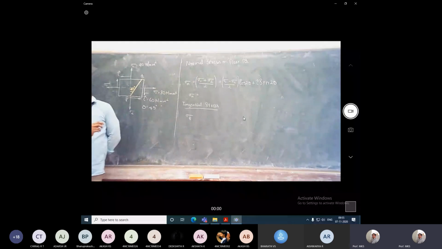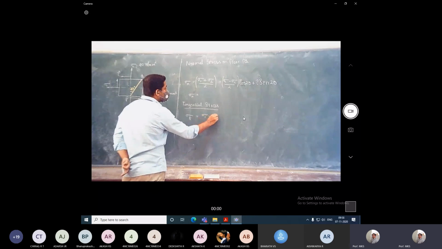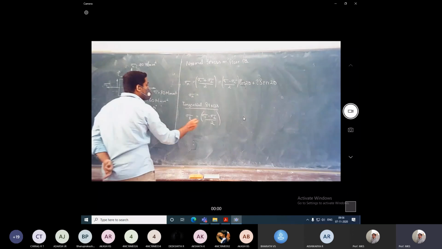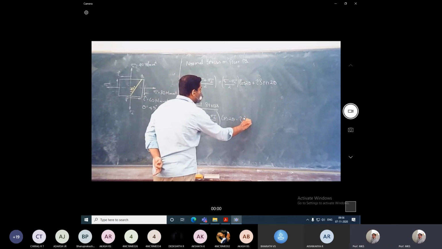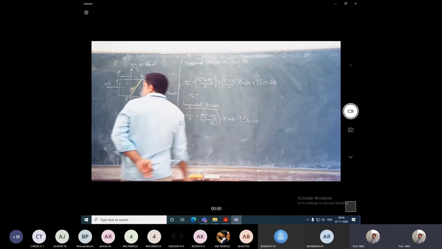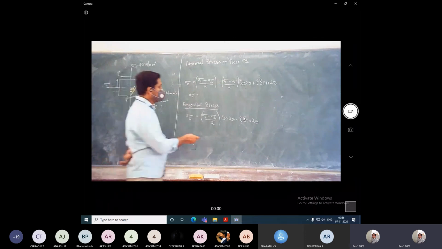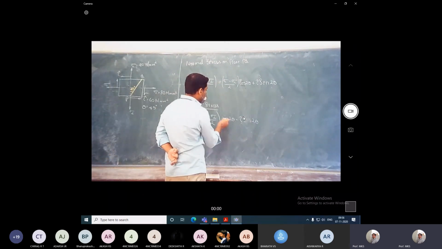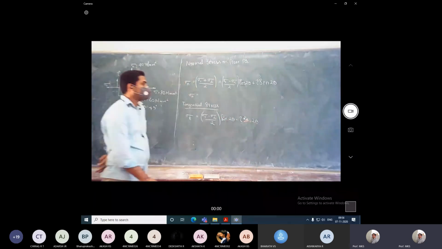Tangential or shear stress is given by (sigma 1 minus sigma 2) by 2 into sine 2 theta. Sorry, I wrote it on the reverse side. So it is sine 2 theta into cos 2 theta.